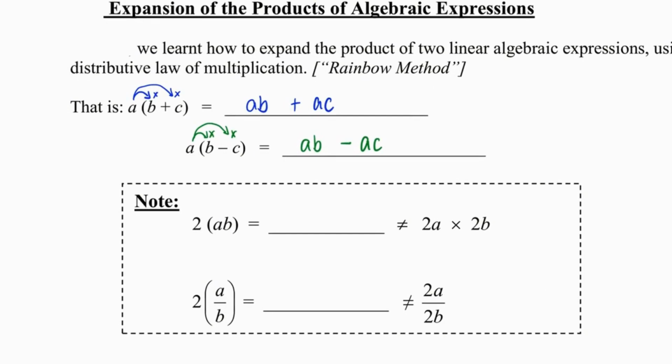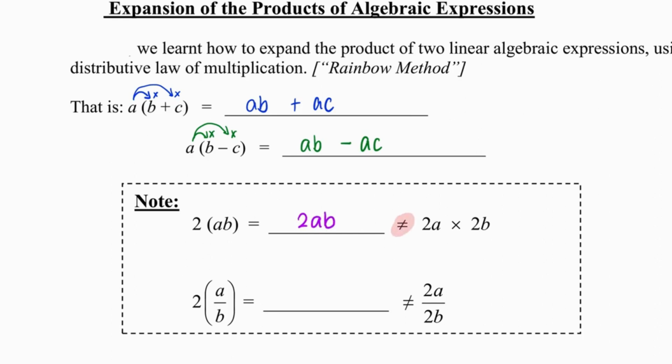And some things to take note of before we move on to the examples is that 2 times AB is equal to 2AB. It does not equal 2A times 2B.